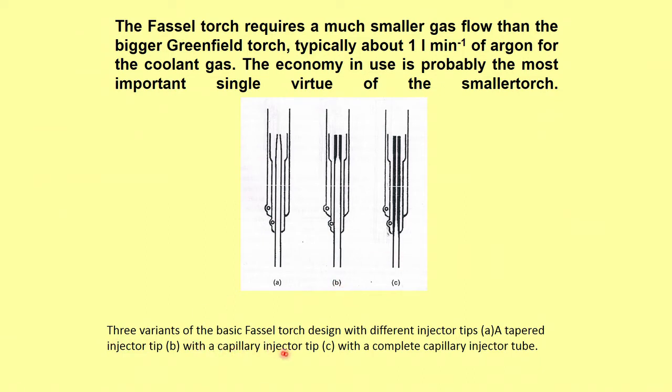The 3 variants differ only near the injection tip, that is the innermost concentric tube. You can see in all A, B, C. Here in A, the innermost tube, if you come up and take a look at it, is a constricted or tapered injector tip for the sample.